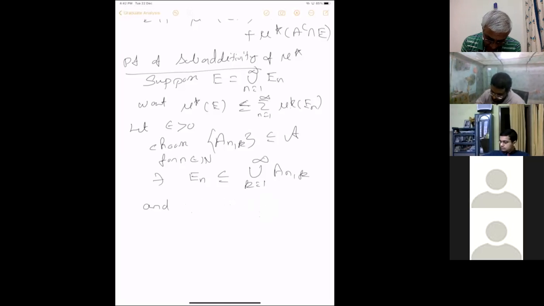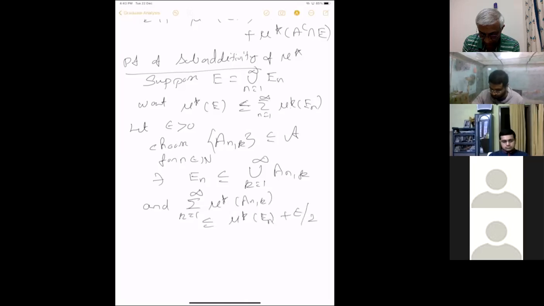So the summation over k equal to 1 to infinity of mu star A_{n,k} is less than or equal to mu star En plus epsilon by 2 power n. This is okay. I'm saying that you forget about n. N is just for each En I am doing, so let me write it and we will erase it.